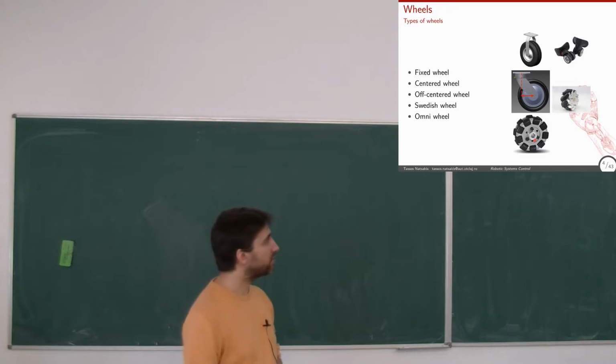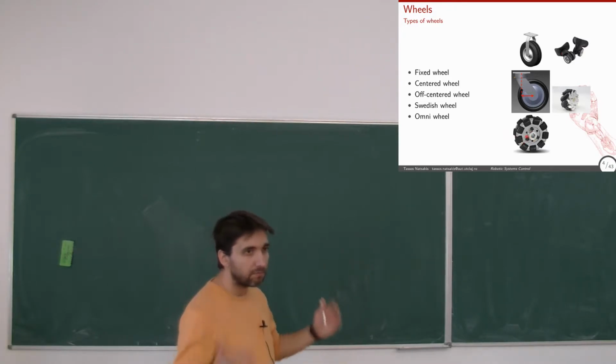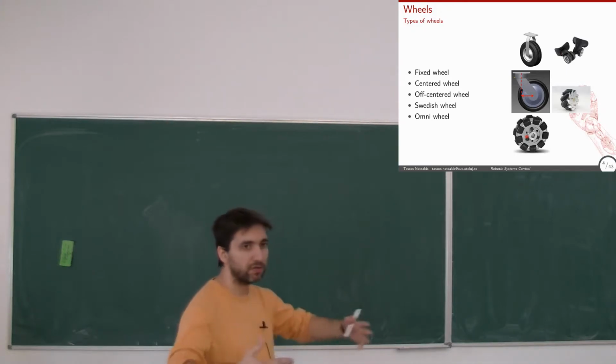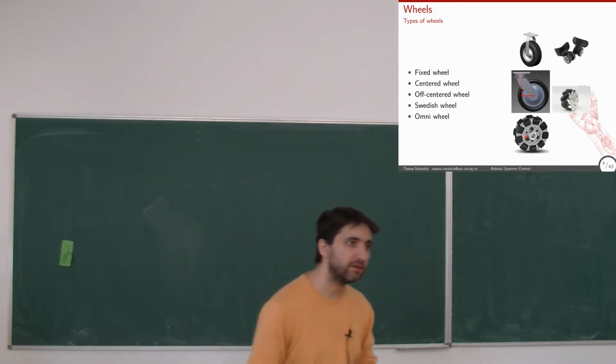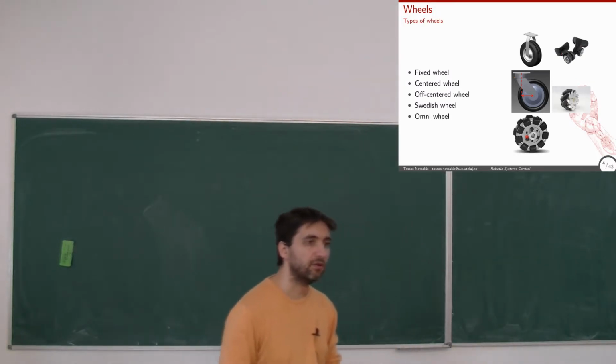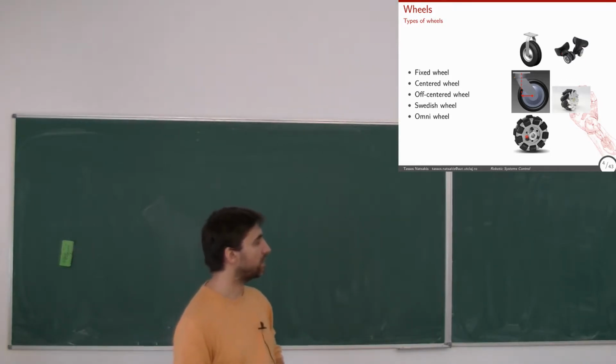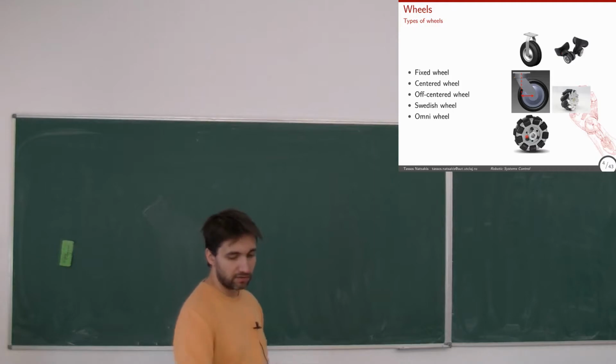You don't control that, because the motor just rotates the wheel, but it has the possibility to also slide. In some applications it's useful, yes? Yeah, exactly. Because they can slide and so on. Good.